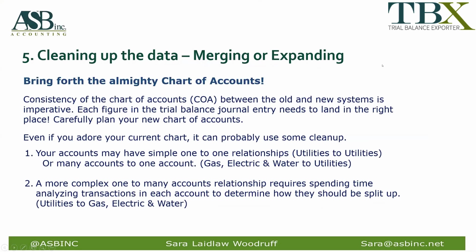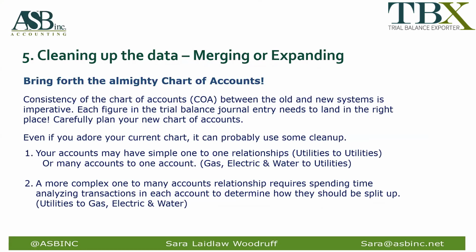Some chart cleanups are a little more complex than others. If you have a simple utilities to utilities, that's a no-brainer, okay? But some clients may have gas and electric and water as sub-accounts that roll up into utilities, but in the new data file, they don't need all that detail. They just want utilities, okay? So rolling those up and merging those into utilities is an easy process.